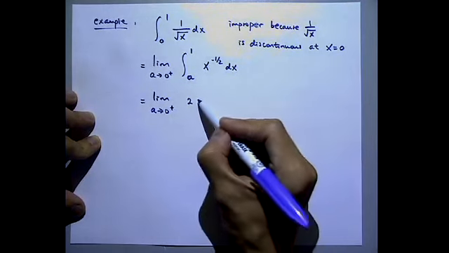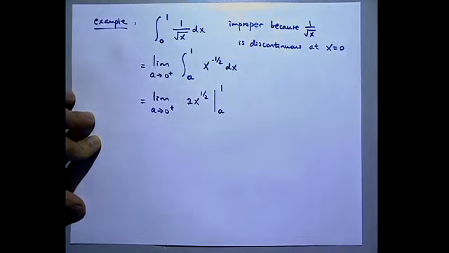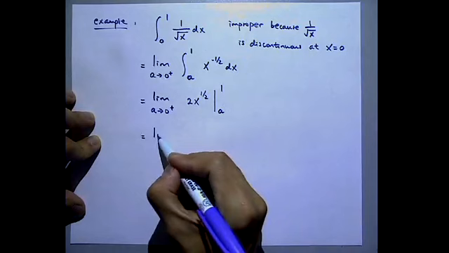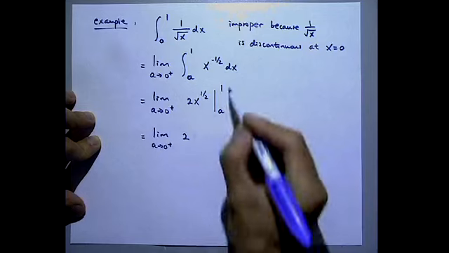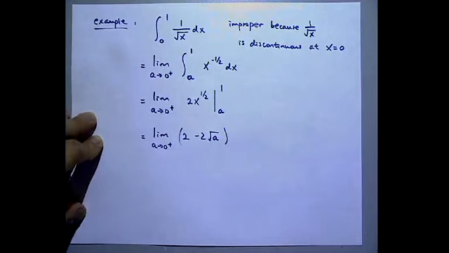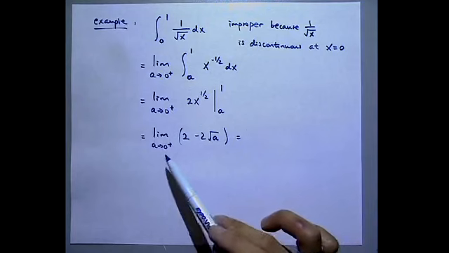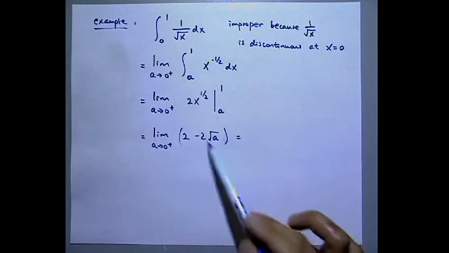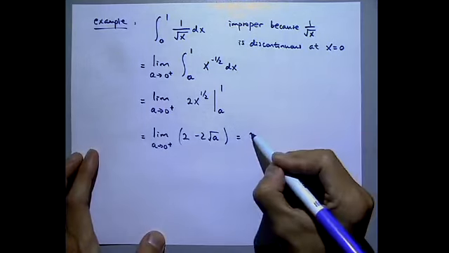We get 2x to the 1/2. And we get 2 times 1 minus 2 radical a, and when a becomes a small positive number, this is very small, eventually roughly 0, and therefore we get a 2 out of it.